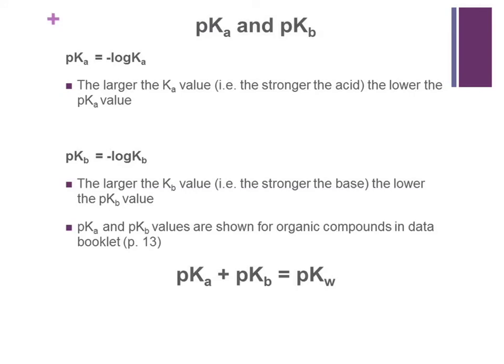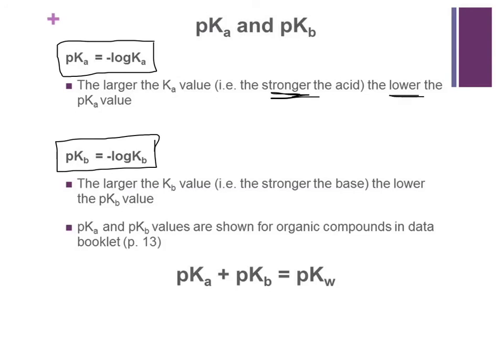We can also talk about pKa and pKb. So they are defined very similarly to pH, pOH, and pKw, where they are the negative log of either the Ka or the Kb. The larger the Ka value, it means a stronger acid, and it means that we're going to have a lower pKa value.